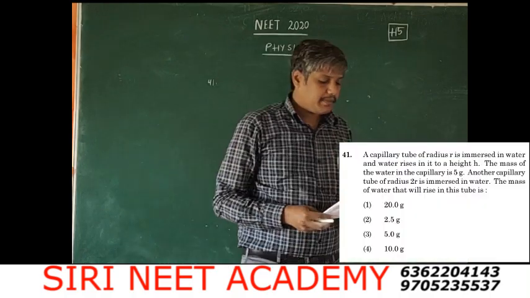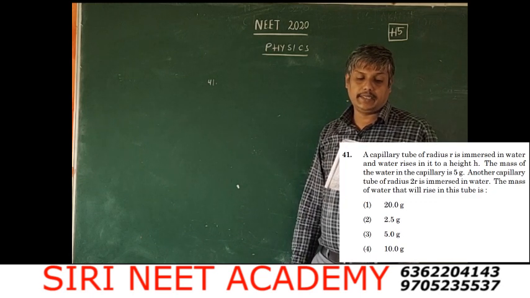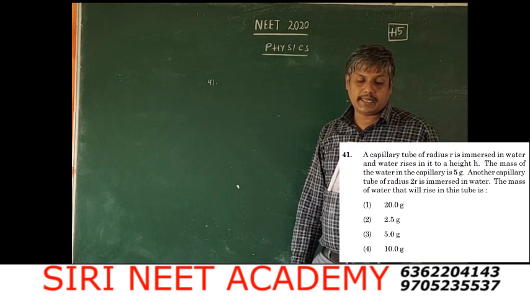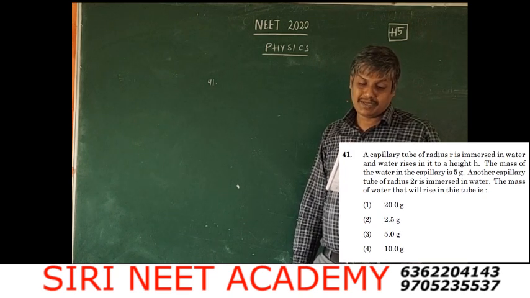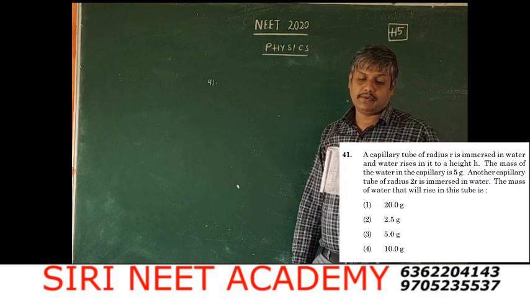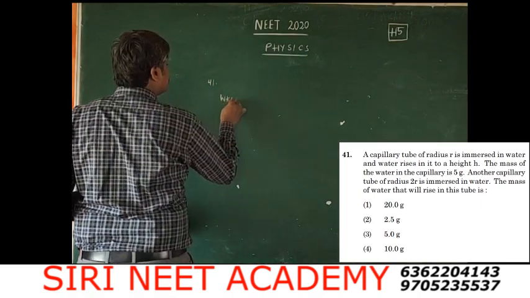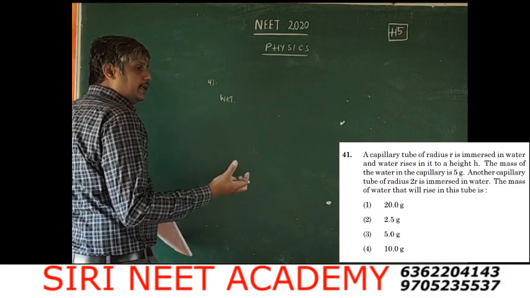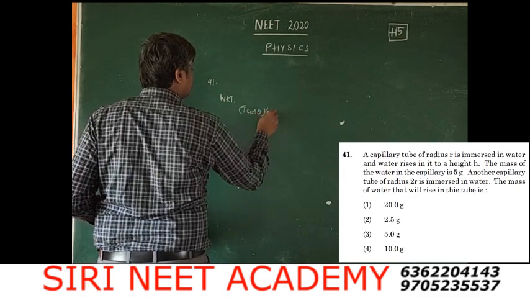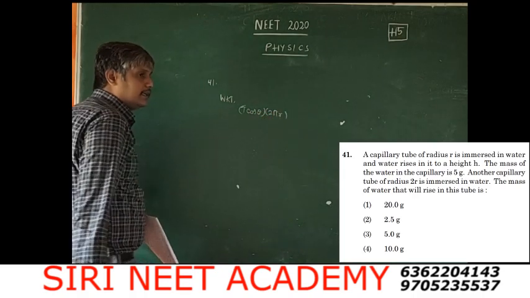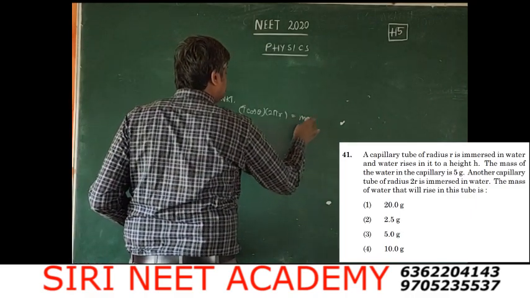Question number 40. A capillary tube of radius r is immersed in water, and water rises to a height h. The mass of the water in the capillary is 5 grams. Another capillary tube of radius 2r is immersed in water. What is the mass of water that will rise in this tube? So, we know that the weight of the liquid in the tube is balanced by T cos theta into 2 pi r, where r is the radius of the capillary tube, and that is equal to mg.